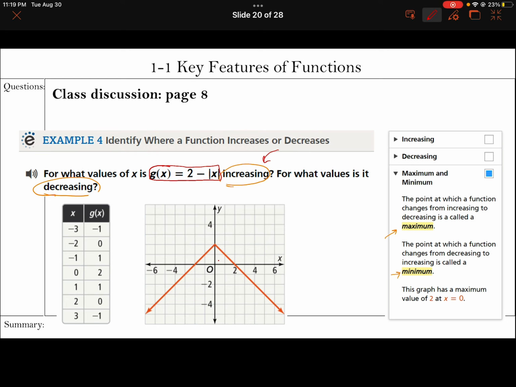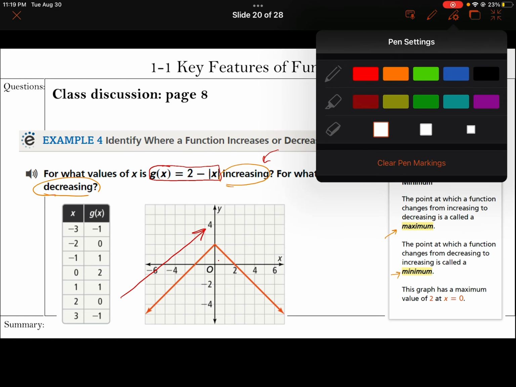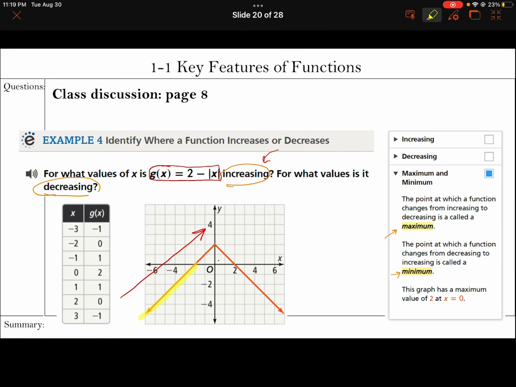Okay, so that means we start scanning where it goes upwards. Okay, where would that be? It would be over here. So this is increasing.